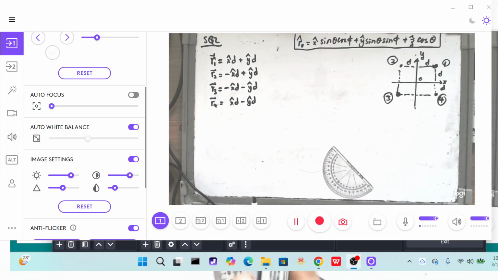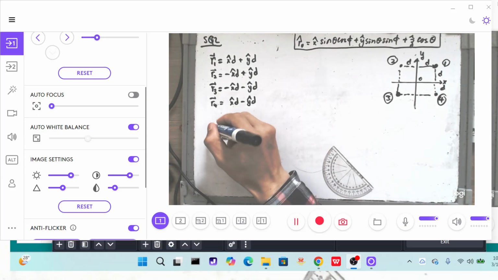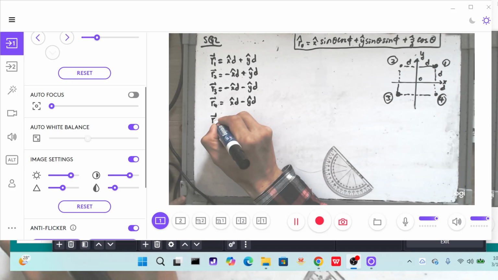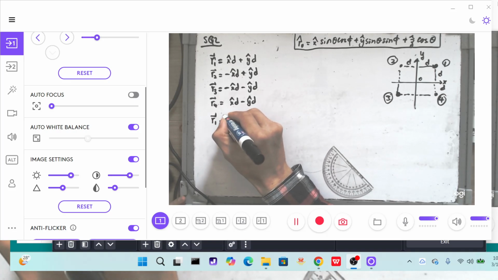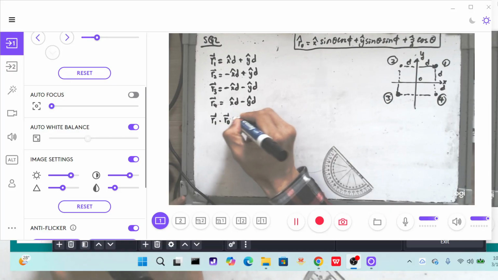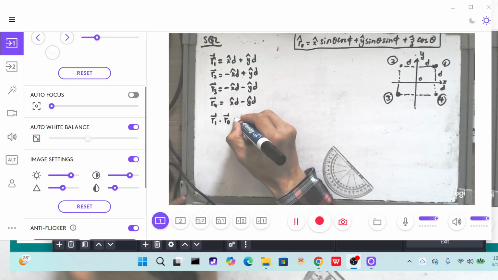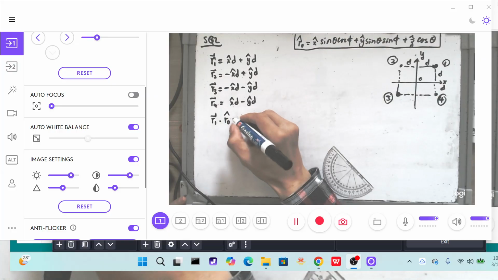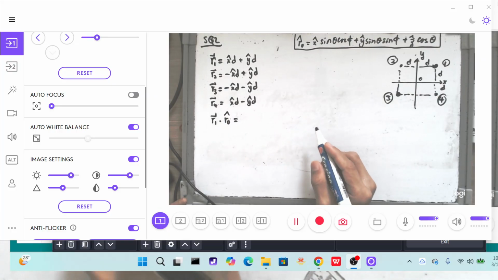So in this case, you can write down here r1 dot product with r hat naught, and this will give us.